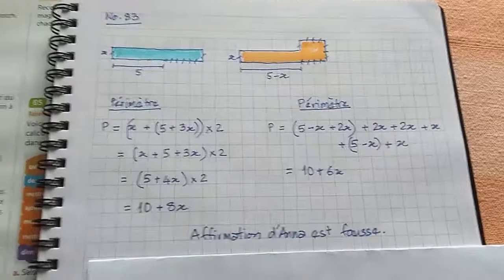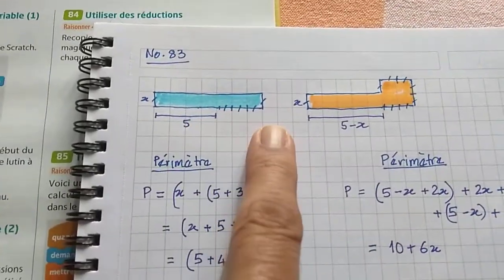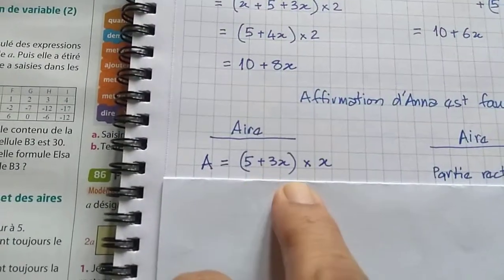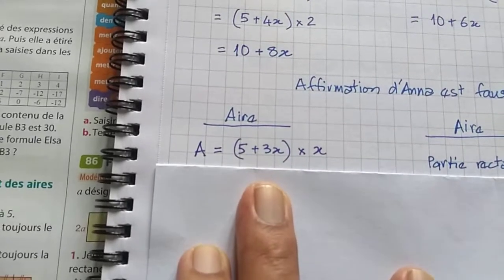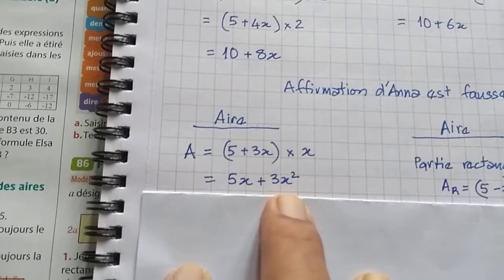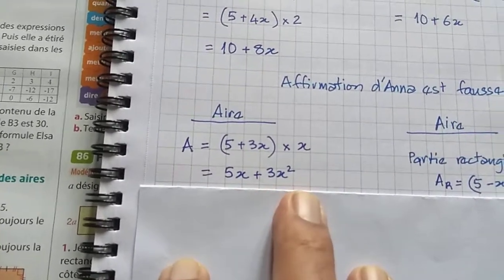Okay, let's do the area. The area is simpler here, because this is 5 plus 3x on this side into x. So area is 5 plus 3x into x. If you do the multiplication, open the brackets, you get 5x plus 3x carré. That's it. Area is 5x plus 3x carré.